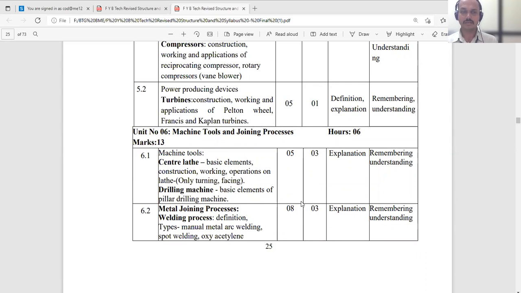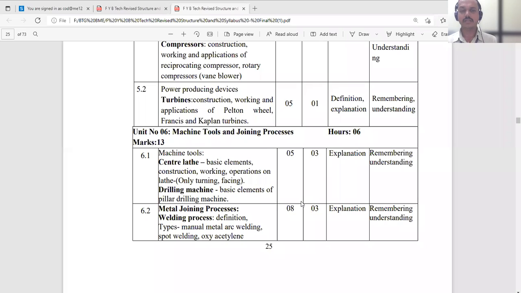That is the center lathe, or simply called the lathe machine. So we have to study here the different components of the lathe machine and 2 operations that can be performed on the lathe machine. These are turning and facing.